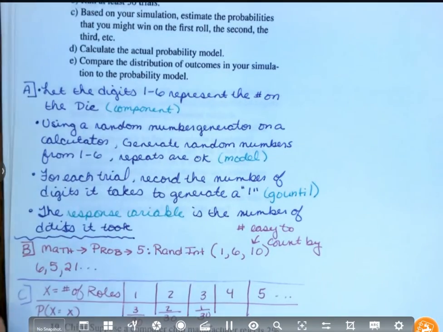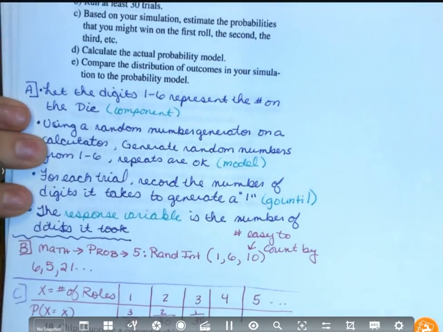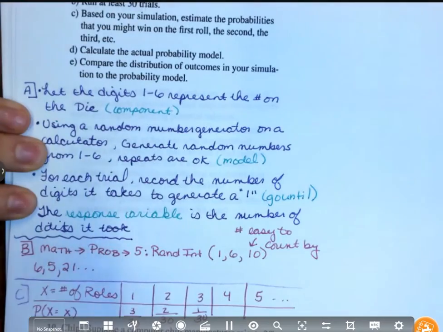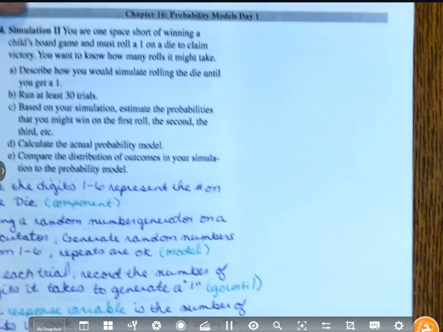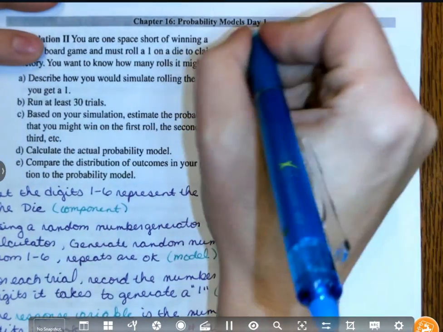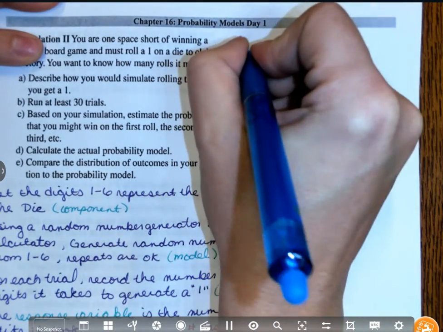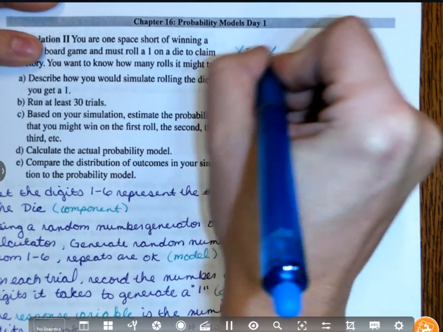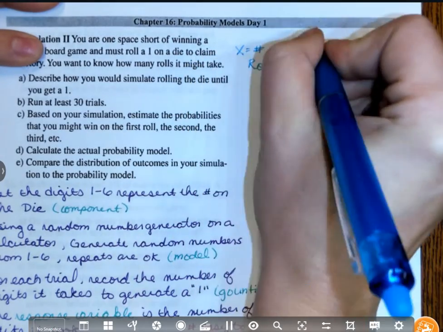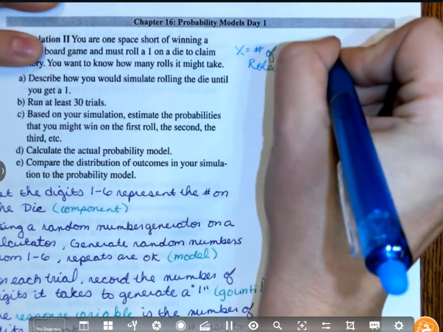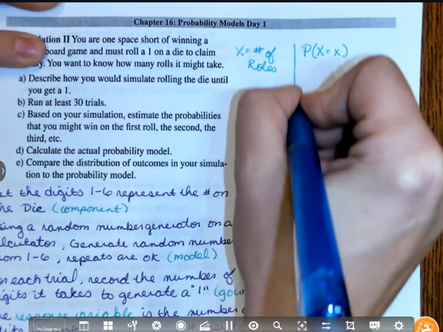The actual probability model is a little bit different, though. When we're talking about the actual probability model, they're saying, okay, how would math on this work out? So again, we're saying that X is going to be the number of rolls. And I'm going to say P of X, I'm doing this vertically for a reason. You'll see why in a second.